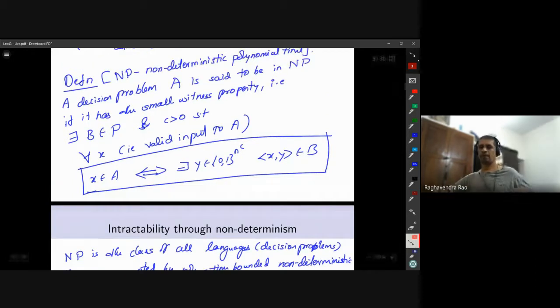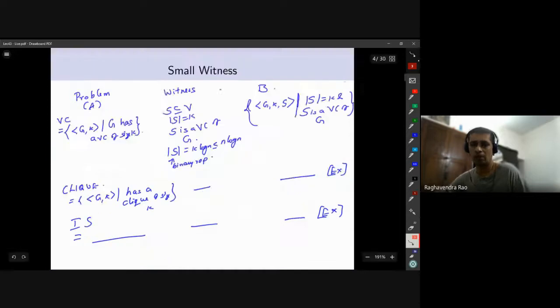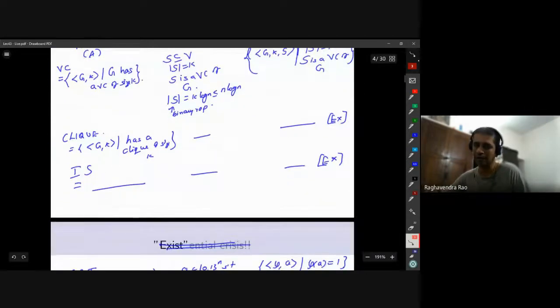So this is not it. Okay, so we just looked at 4 problems which were kind of intractable. They admitted exponential time algorithms, but we have no knowledge of whether there are polynomial time algorithms for them.